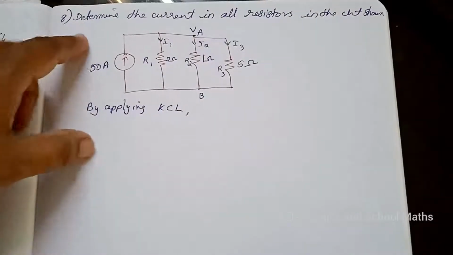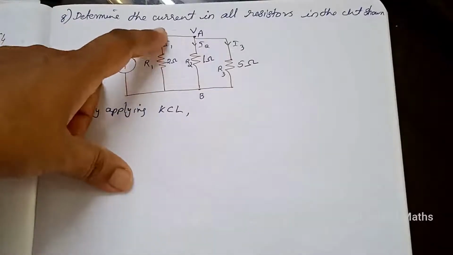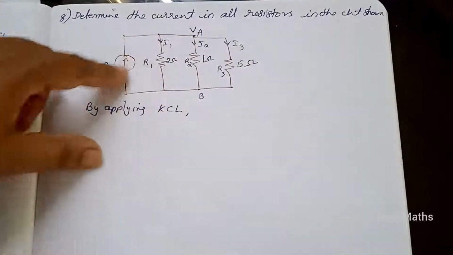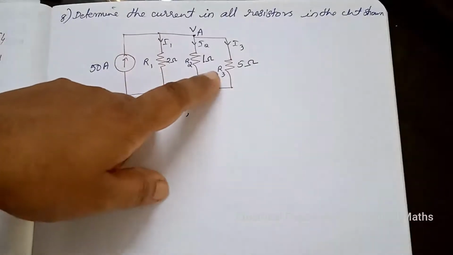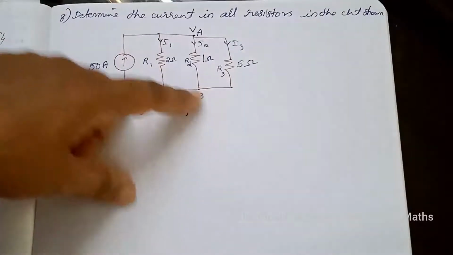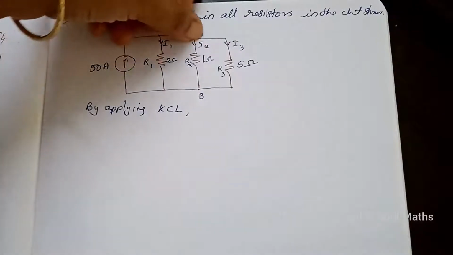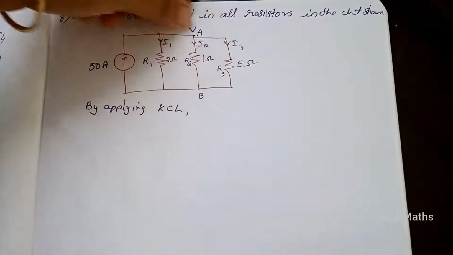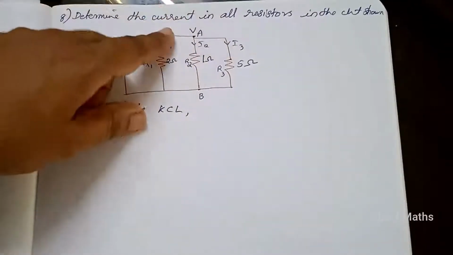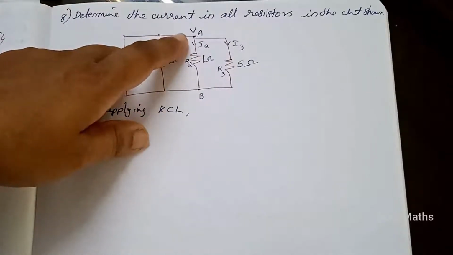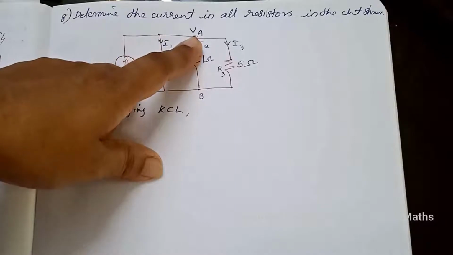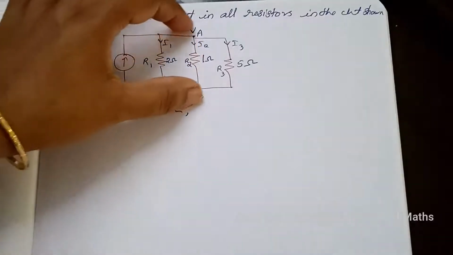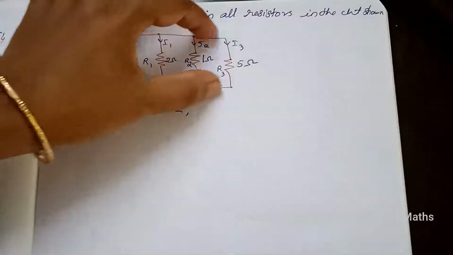Consider a problem. Determine the current in all resistors in the circuit shown. Here R1, R2 and R3 are the three resistors, and let I1, I2 and I3 be the current flowing through these resistors. Now consider a voltage V at node A, and these resistors are in parallel.